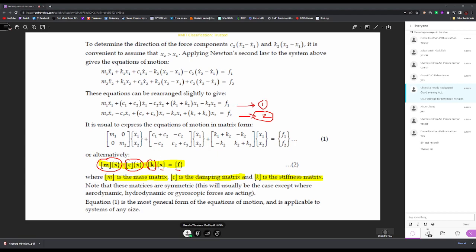In matrix format it is very systematic, and without applying Newton's law straight away, we can write the equations of motion if we are dealing with similar element systems, systems having similar masses connected similarly as shown in this example.